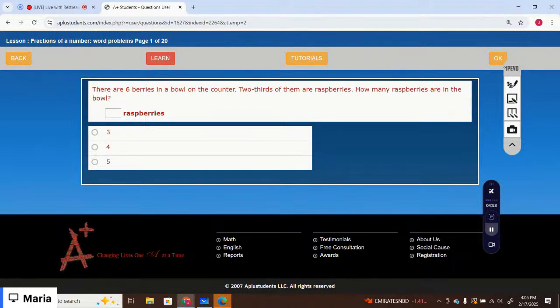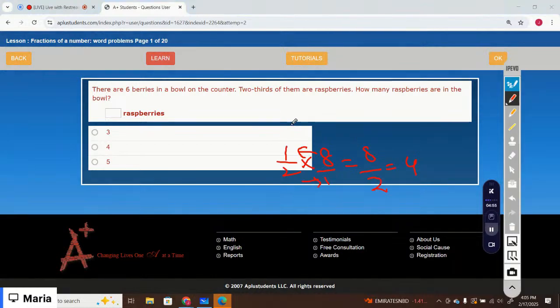So you have to do 1 by 3 times 6. So 6 has the denominator 1. You have to do numerator times numerator and denominator times denominator. That is 6 over 3. Sorry, two-thirds of them. That is two-thirds.